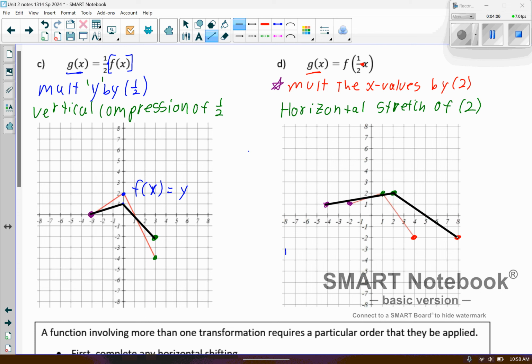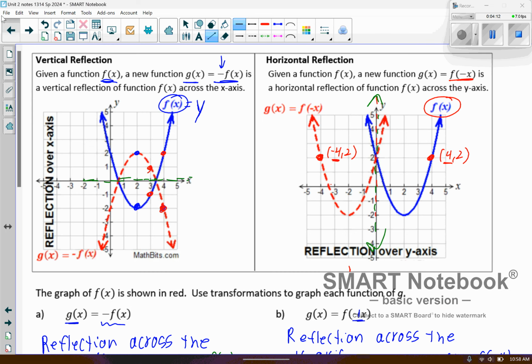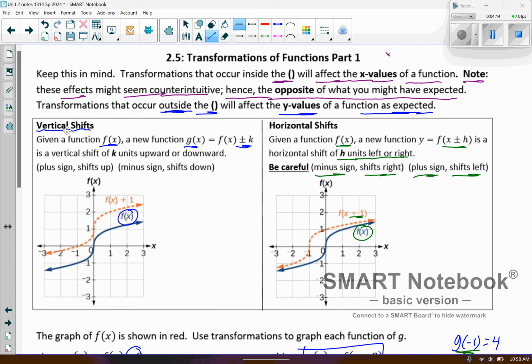That's it. So just to quickly review, we looked at 3 different types of transformations. The first one was shifting, so shifting vertically or horizontally. Once again, on the outside of the parentheses affects the y values of the function. Inside will affect the x values, and it's a little counterintuitive to what you might think.